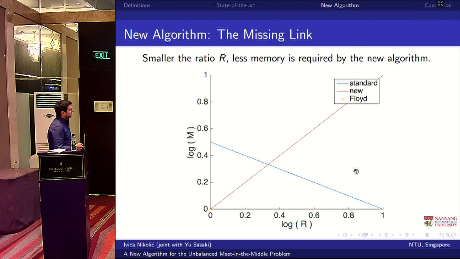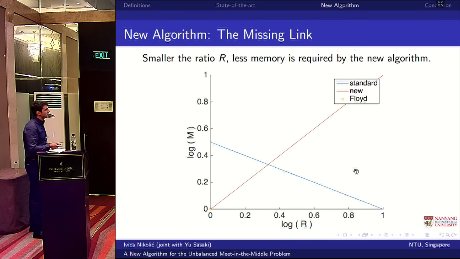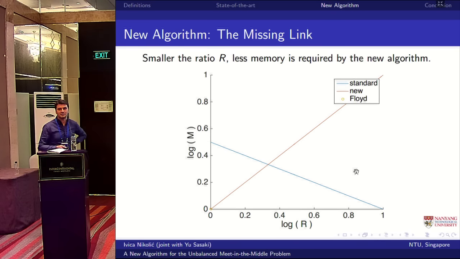For the balanced case, this is the old, standard meet in the middle, and this is our new algorithm, when we are trying to find the collision in optimal time. Actually the amount of memory is not 2^(n/2) when the ratio of cost is close to 1, but the smaller the ratio, the less memory we need. So obviously here, from 0 to 1/3, our new algorithm outperforms the standard meet-in-the-middle algorithm in terms of memory.